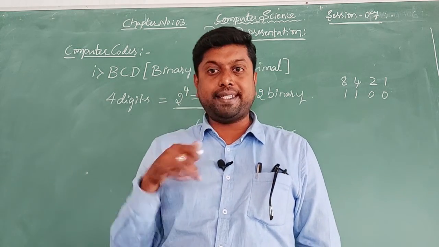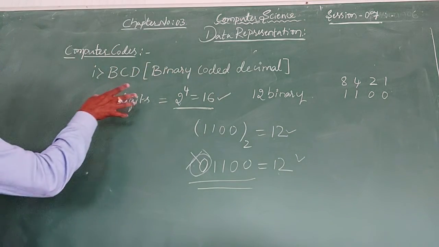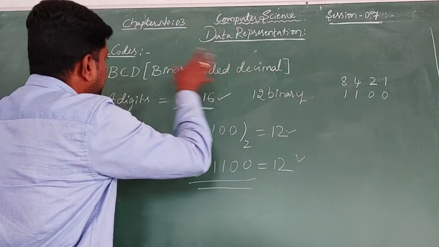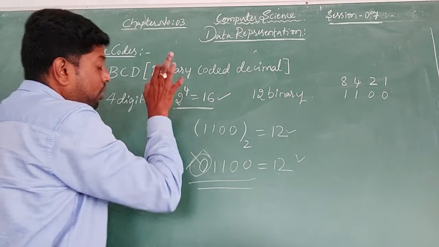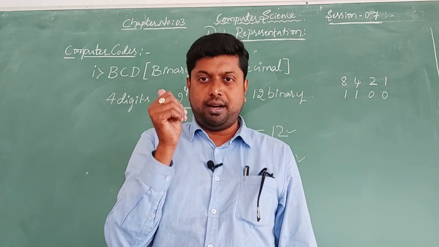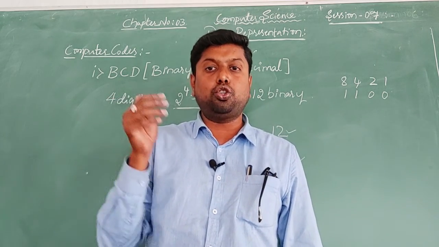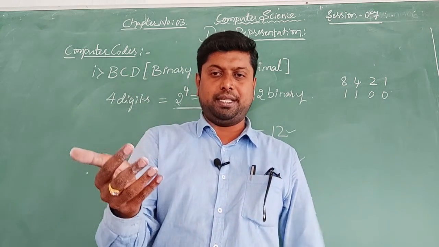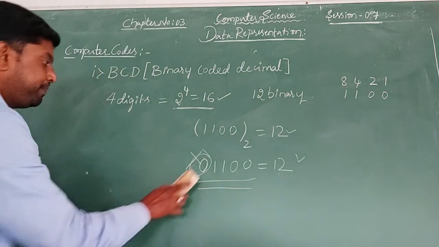Then if I go to the second type, see, this is binary coded decimal BCD, having a maximum capacity of 2 to the power of 4 bits for memory. But the second type we are discussing now, EBCDIC, is double that of BCD, meaning 2 to the power of 8. See how it should be.